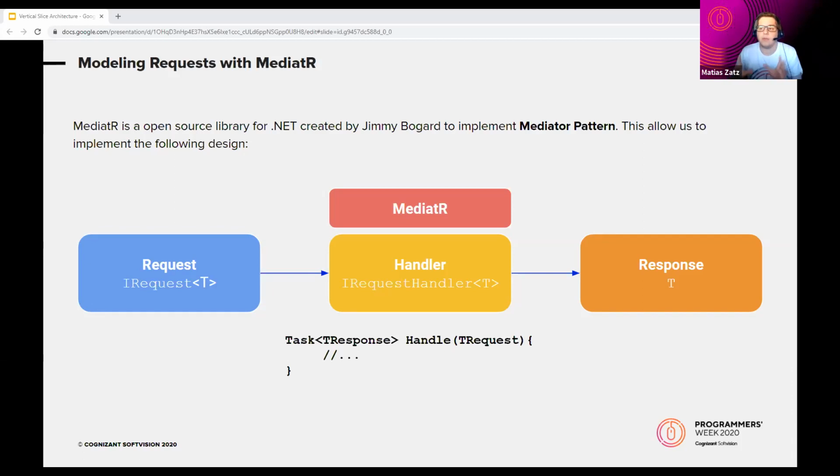So we will have one object for each one of these, and there's some sort of code here showing how a handler looks. As you can see, it takes a T request and will return a Task of T response. And we are doing Task because we're using async, not because we're cool, but because we're gentle.